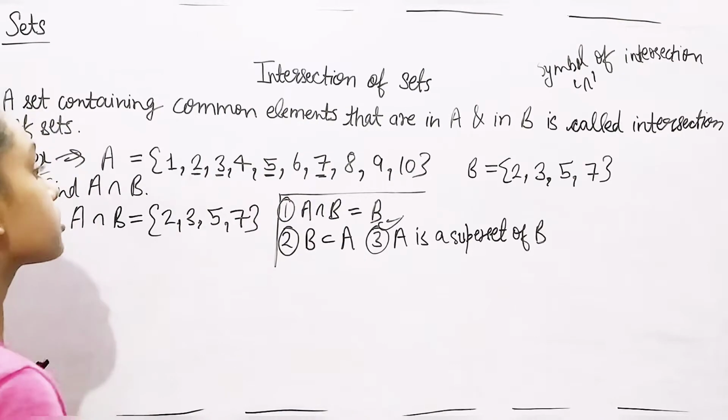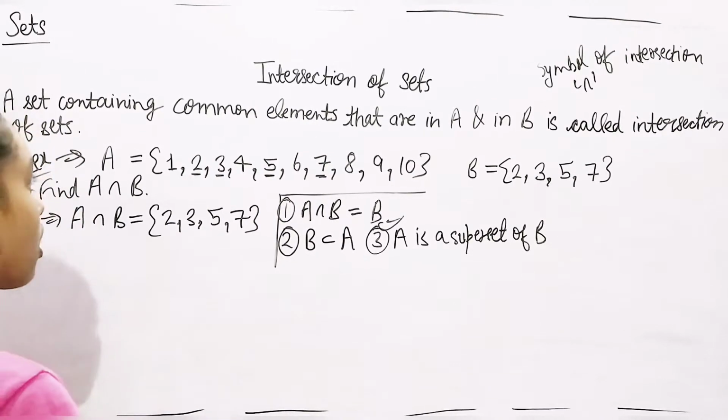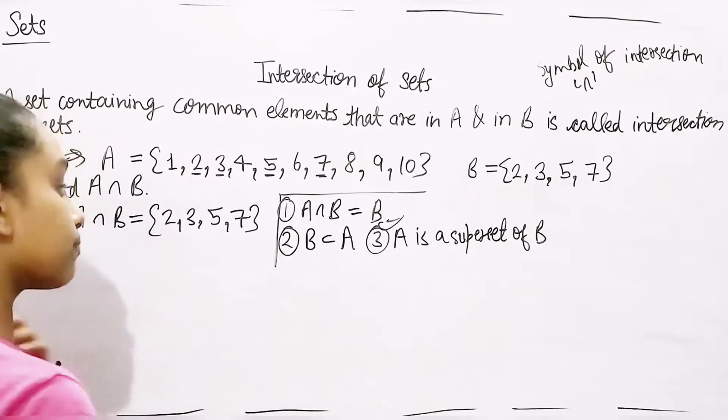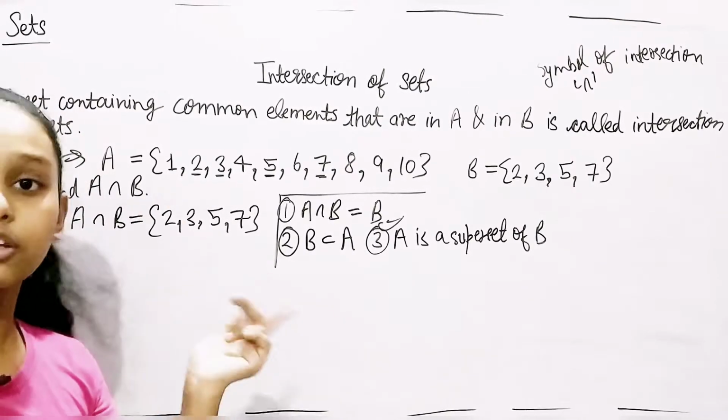So now we'll move on to some properties for the operation of intersection, like we did some properties of union of sets.